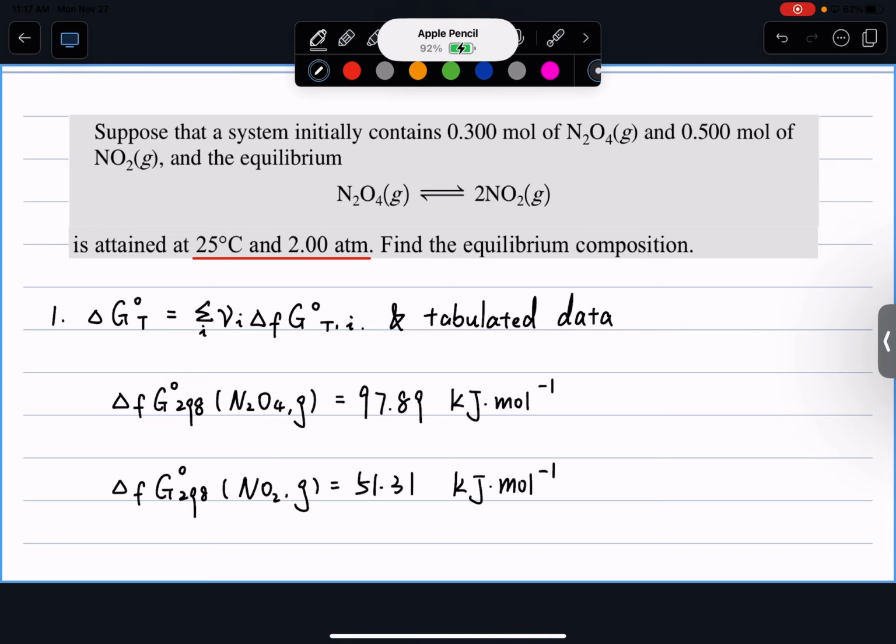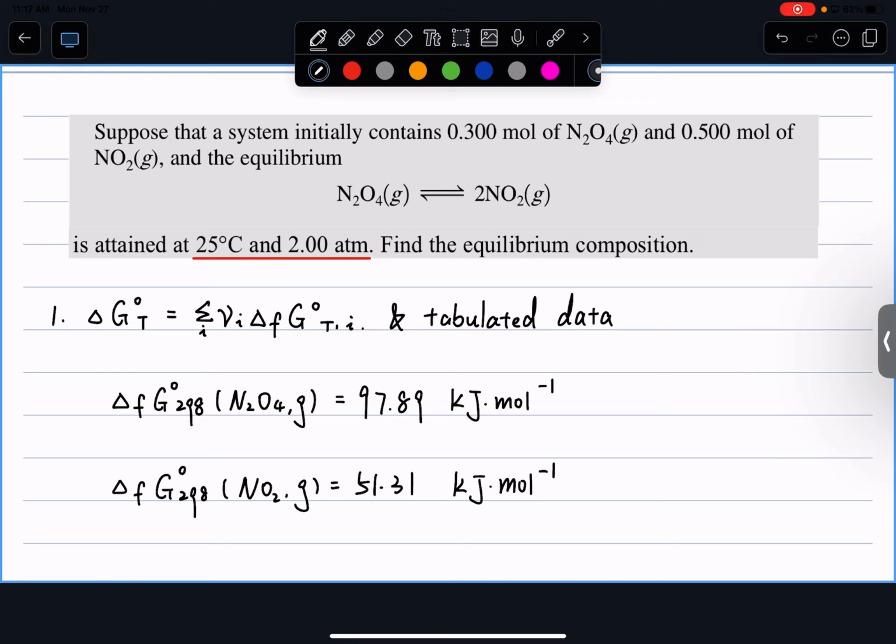If you have a thermodynamic table with you, please help me check it. Okay, and we can do that calculation, and that comes out to 4.73 kilojoules per mole. So that's the first step, just reading the thermodynamic table.